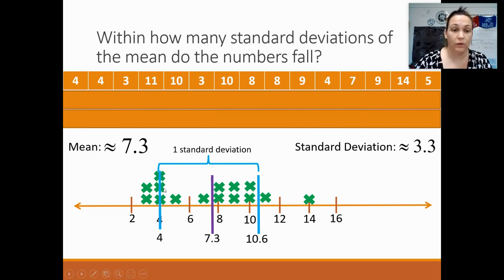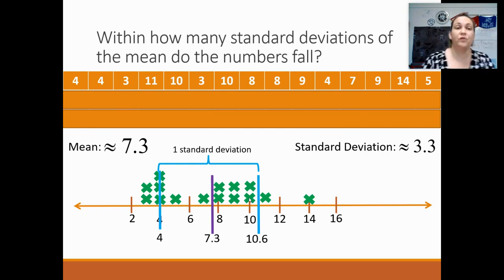So it's 1, 2, 3, 4, 5, 6, 7, 8, 9, 10, 11. So 11 of my numbers fall within one standard deviation. That's a lot. There is a percentage of numbers that are supposed to fall within one standard deviation. It's definitely over half. It changes with every problem, obviously.